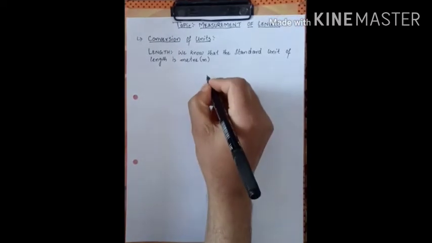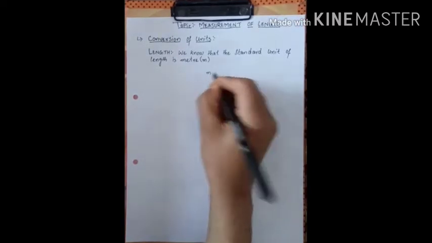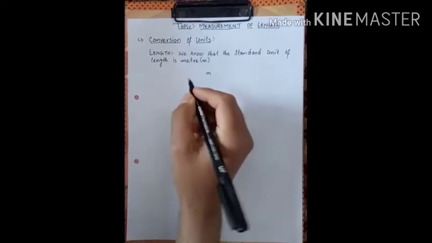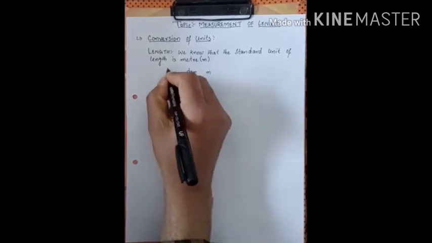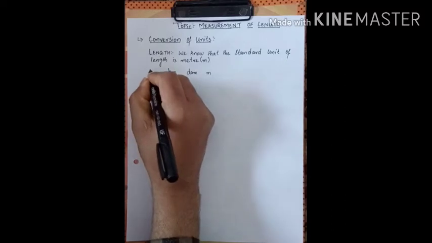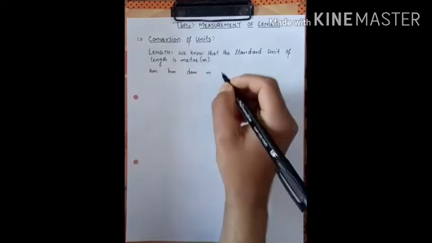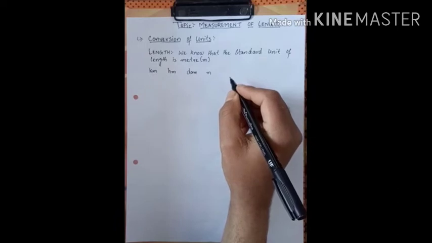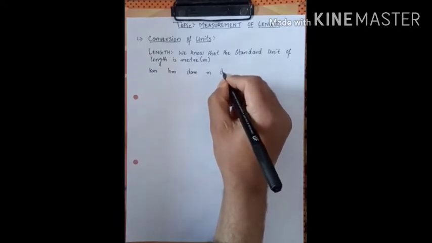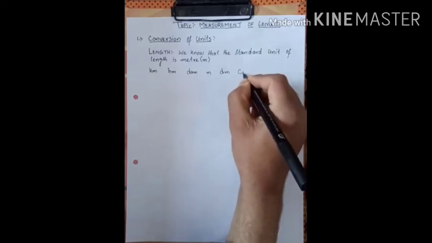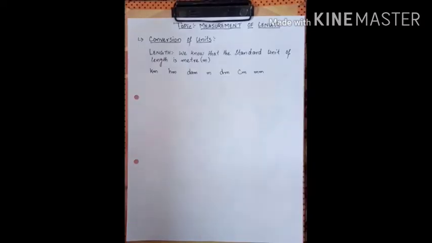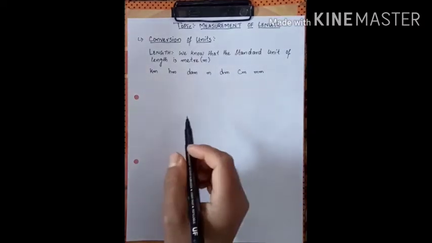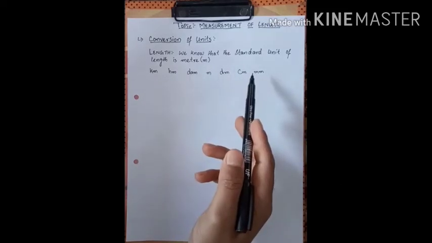I start from meter, and the units of length higher than meter are decameter, hectometer and kilometer, and the units of length lower than meter are decimeter, centimeter and millimeter.